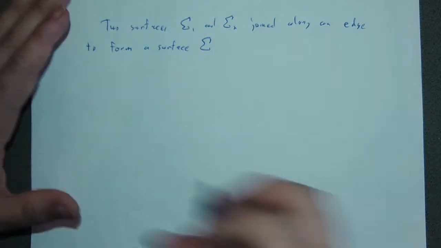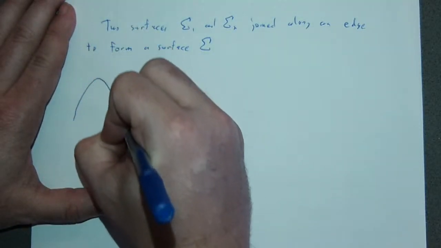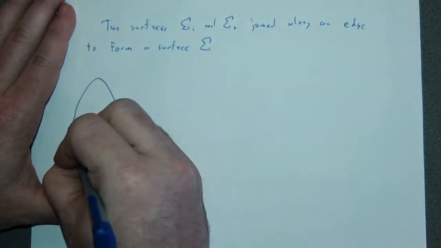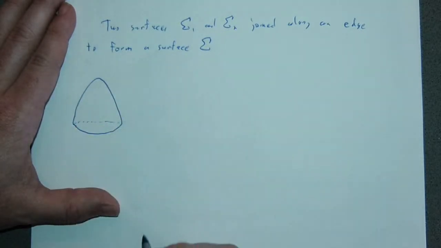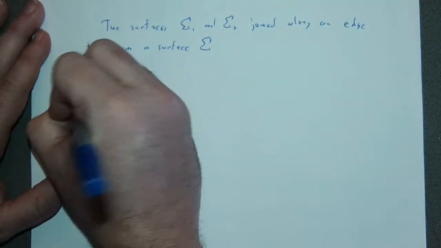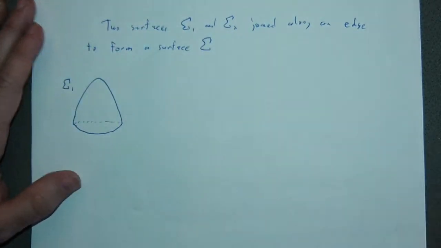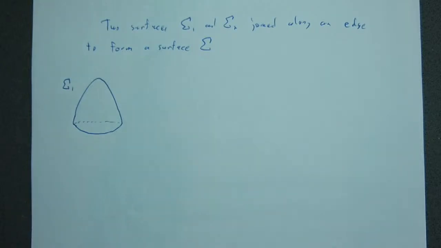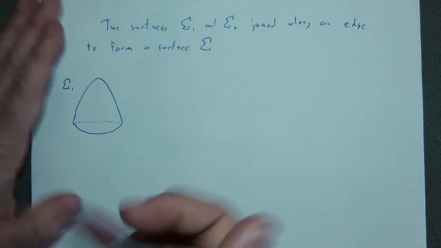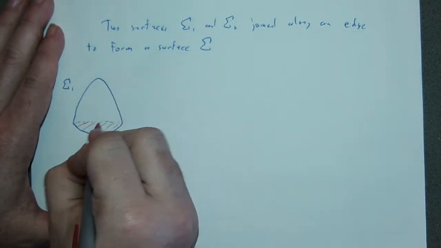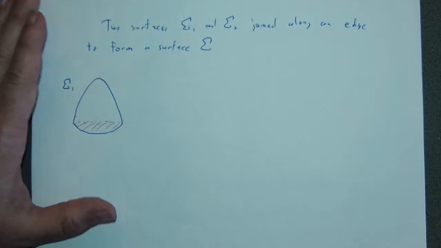So what's an easy way to come up with an example of this? What if we again have this paraboloid thing where the top of the paraboloid is sigma 1, and instead of this thing being open at the bottom, imagine you've put like a cap on it. So it has a bottom that is actually solid that you can sit it down on something.